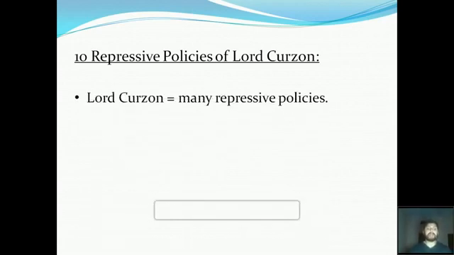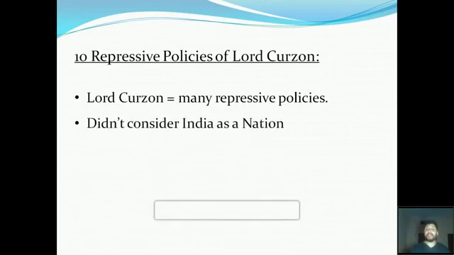Let's see what his main ideologies were. Lord Curzon introduced many repressive policies, and one of his ideologies was that he never considered India as a nation, because for him India was not a nation.